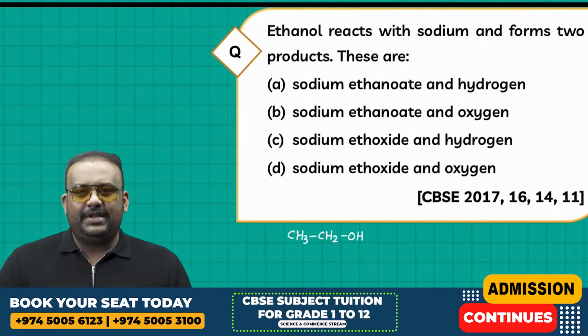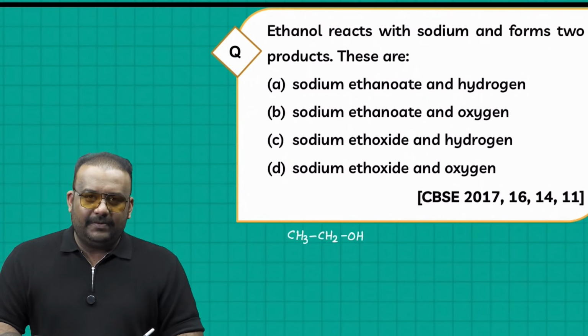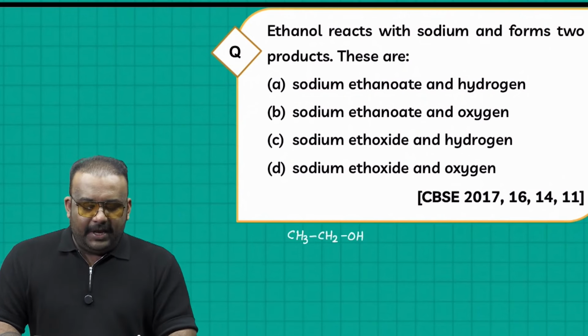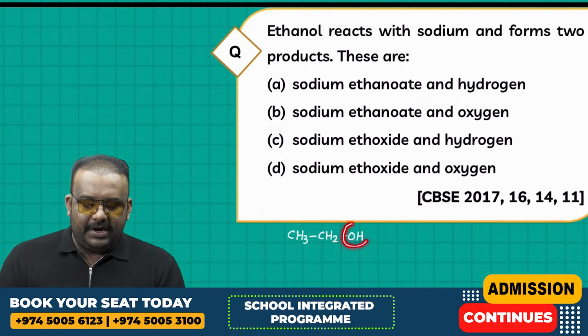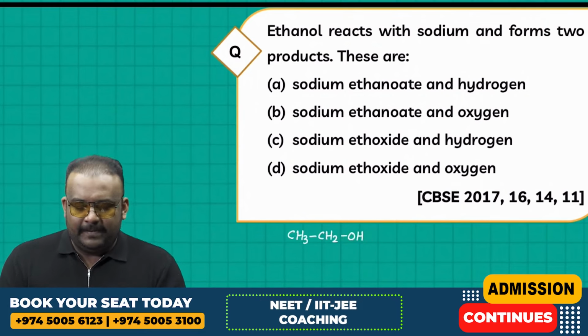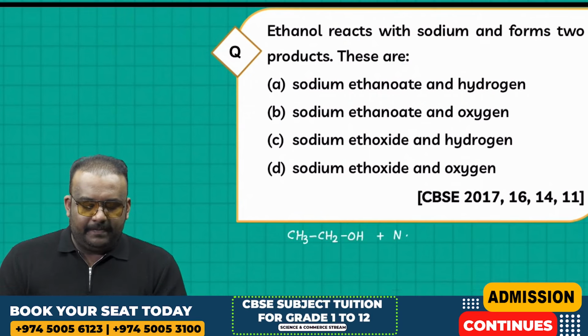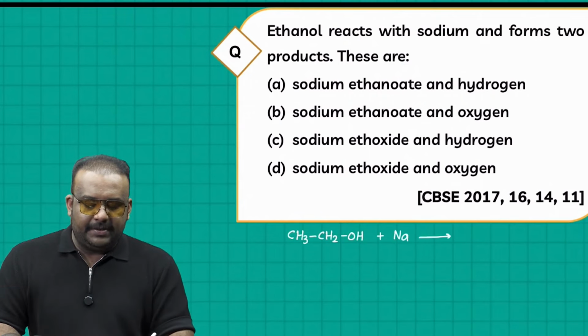Ethanol is CH3CH2OH. And it is an alcohol. You know that every compound which contains the functional group OH is called an alcohol. So, when ethanol reacts with sodium, that is what is asked in this question.